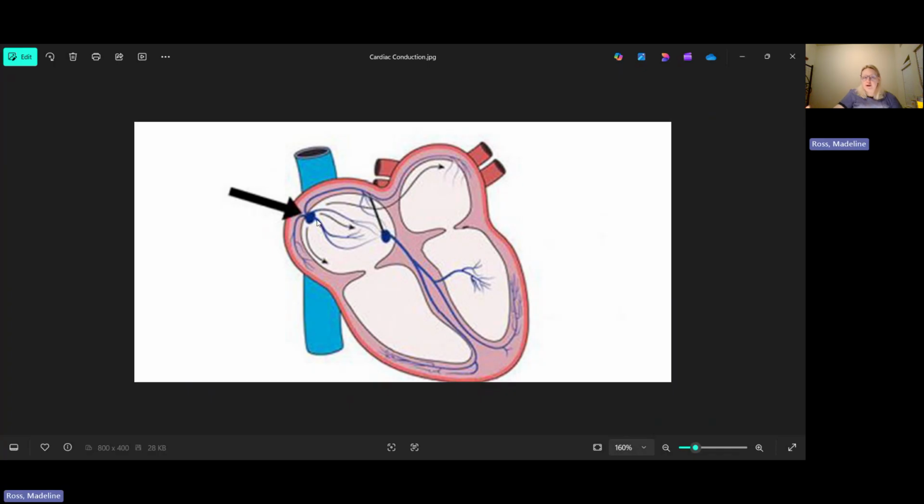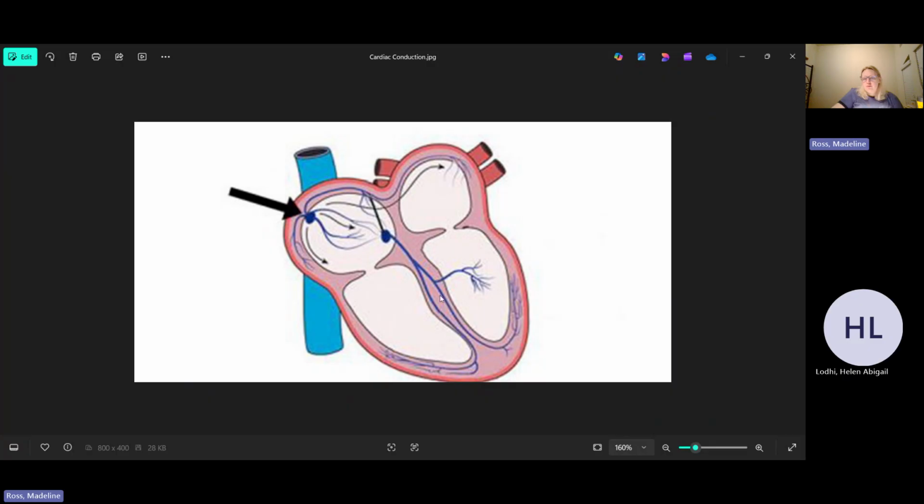So like the heart's own pacemaker. That's going to send messages throughout the atria, both sides, and then it's going to conduct down to the AV node or the atrioventricular node because it sits right kind of in this tissue area between the atriums and the ventricles.